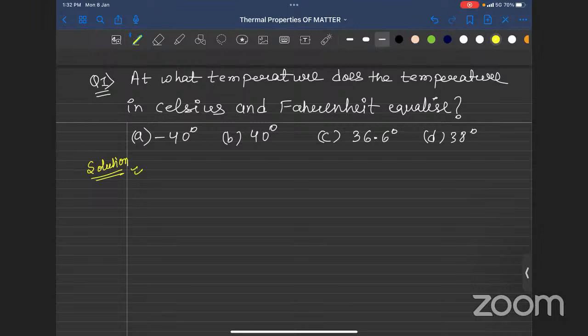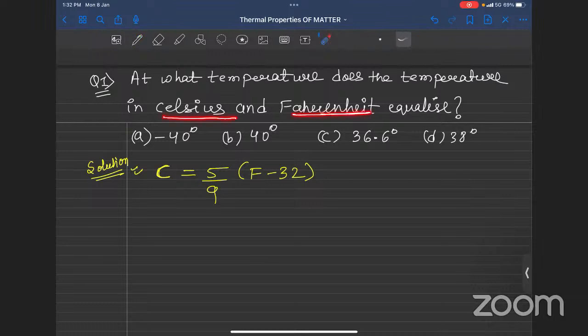Okay, so I'm going to solve this now. We know this thing. If we want to convert the temperature from Celsius to Fahrenheit, what can we do? We have a formula: C by 5 equals F minus 32 by 9. Okay. So here they have given us a very cool thing. Celsius and Fahrenheit equalize. So let us make use of it.